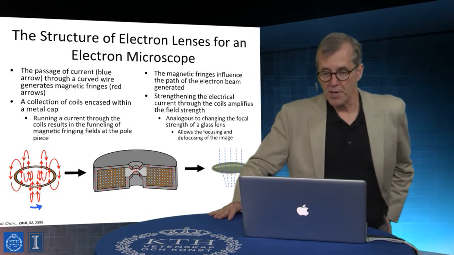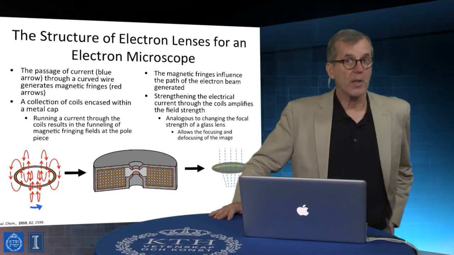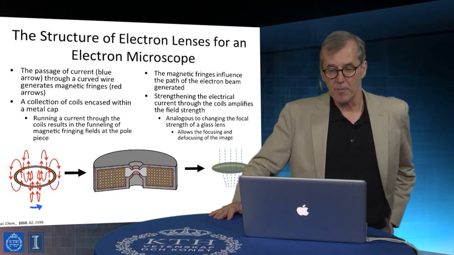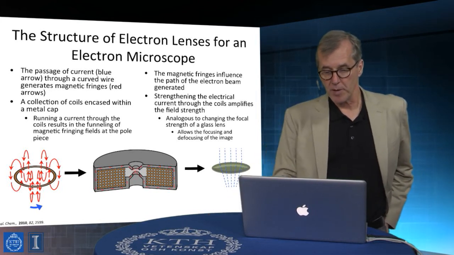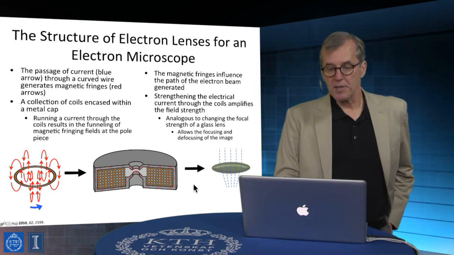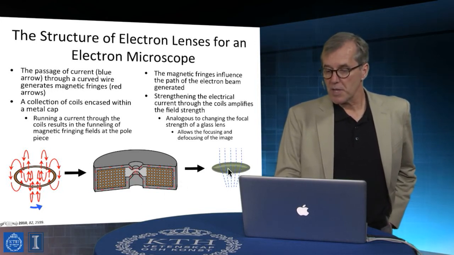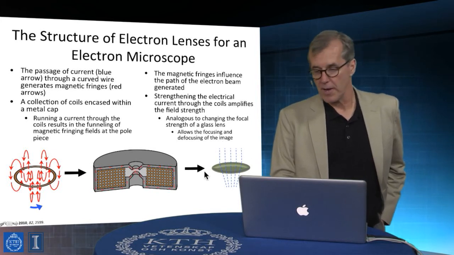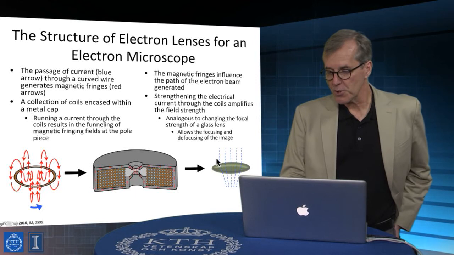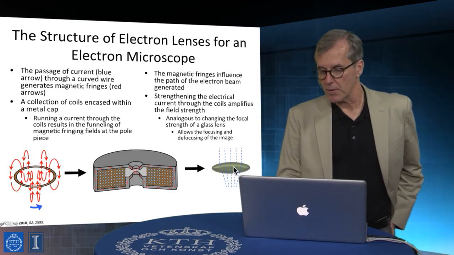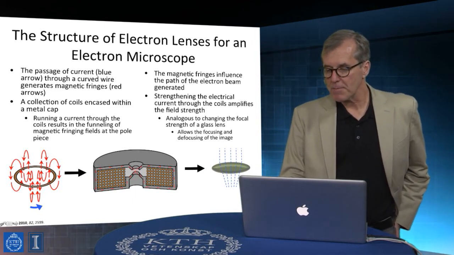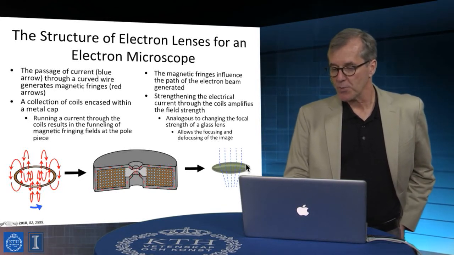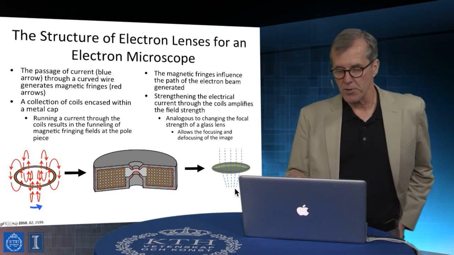So what's the nature of a lens system that's used for an electron microscope, and in particular for a high resolution electron microscope? Well, basically, we like to use the analogy of a lens, that we have light passing through a lens, and we have a curvature and a different path length, et cetera. We apply the laws of optics to this, and we can bend parallel trajectories to get convergent beams or divergent beams.